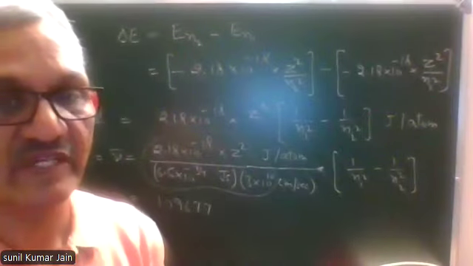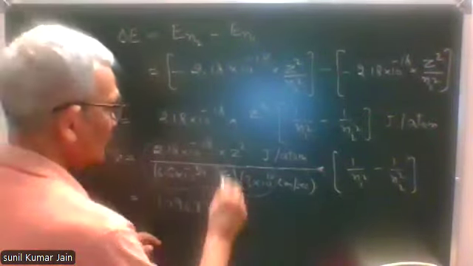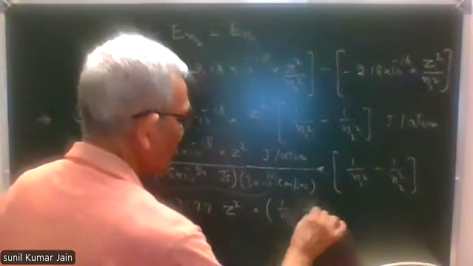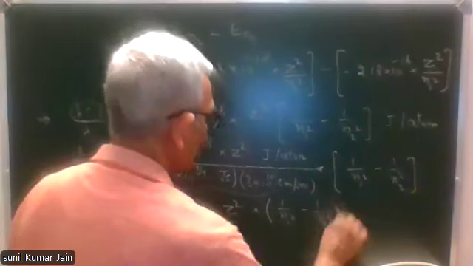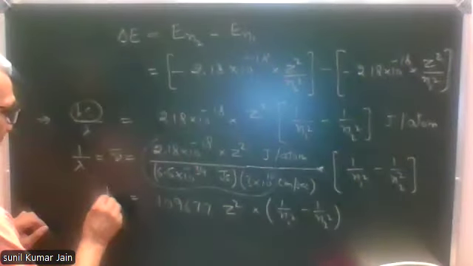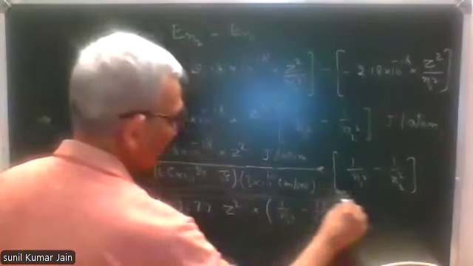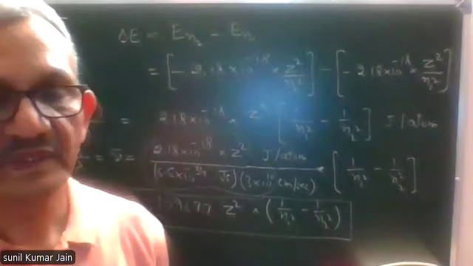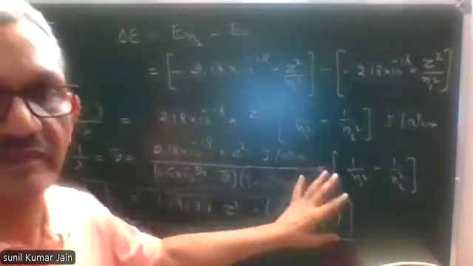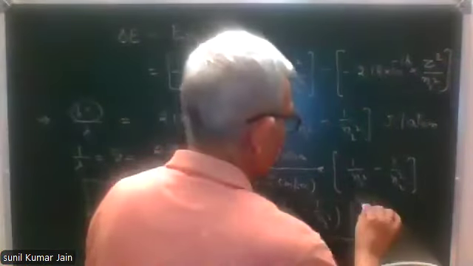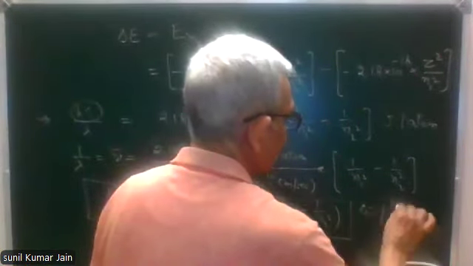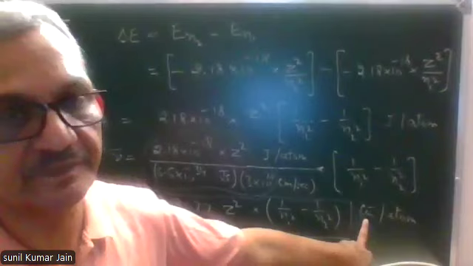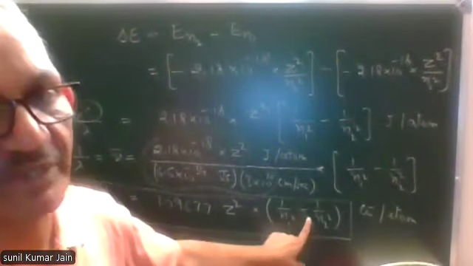That is, this gives the value of the Rydberg constant into Z square multiplied by 1 by n1 square minus 1 by n2 square. And if we work out the units, it will be centimeter inverse per atom. And this formula is Rydberg's formula.